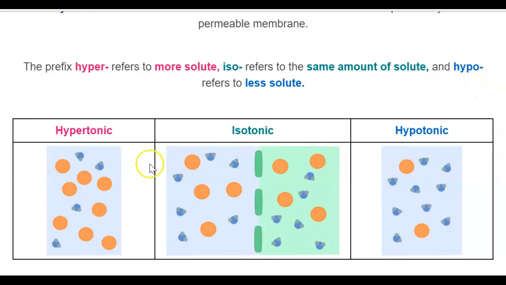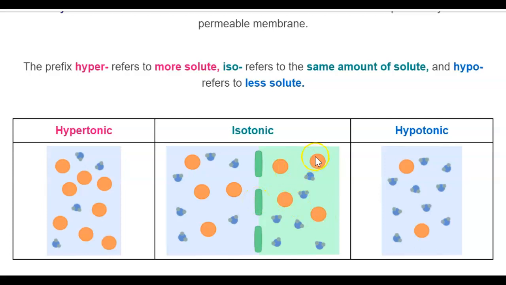So here we have a hypertonic solution. There are lots of solute particles compared to water molecules. In the isotonic solution, you've got equal numbers of solute either side of the semi-permeable membrane.